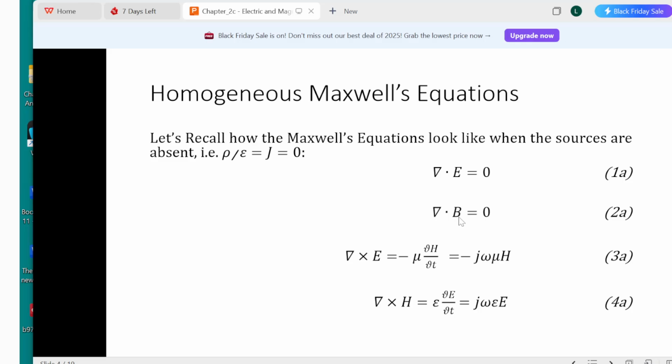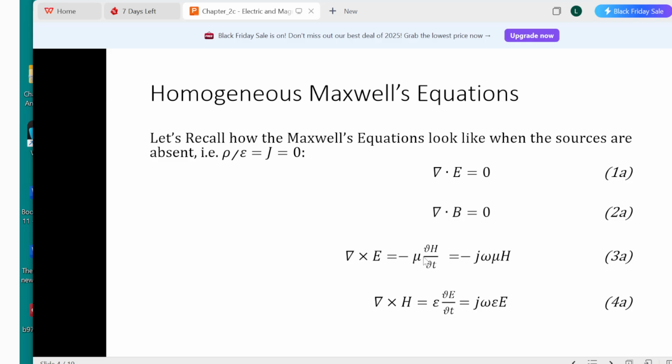The second one represents Gauss's law for the magnetic field. And these ones came from Faraday's law.